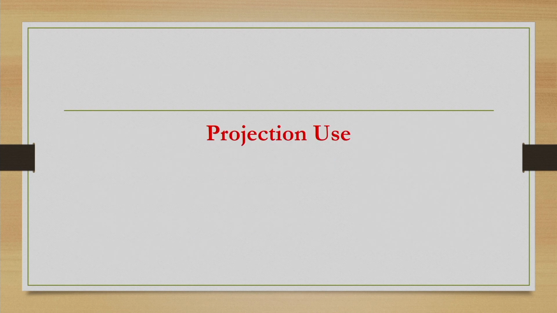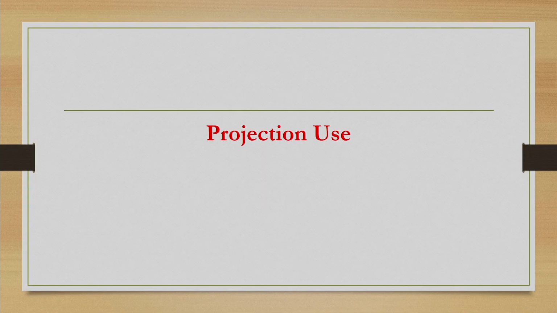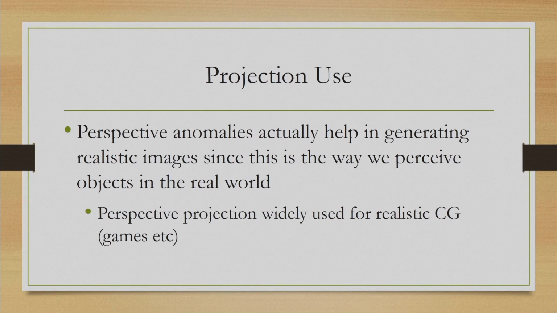Together, these anomalies make us perceive an object with changed shape and size, which in turn reinforces our perception of 3D reality. So, how can we use the projections? As I said, perspective anomalies actually help in generating realistic images, since this is the way we perceive objects in the real world.